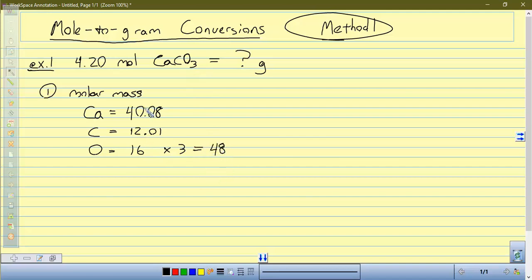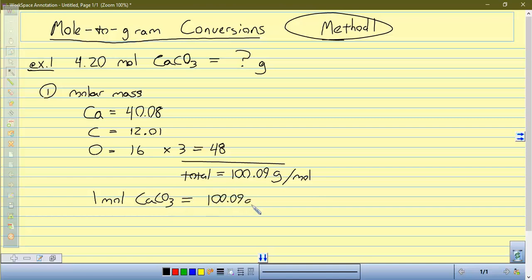And then we're going to add all these numbers up. 48 plus 12.01 is 60.01, and then this will be 100.09 total grams per mole. Okay. Another way to write this down is to say 1 mole calcium carbonate equals 100.09 grams calcium carbonate. Okay, so we're going to need this number in a minute.